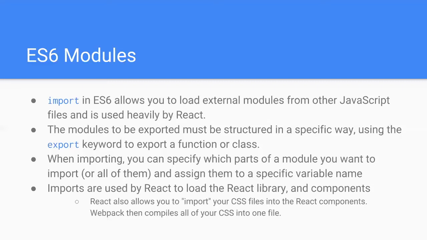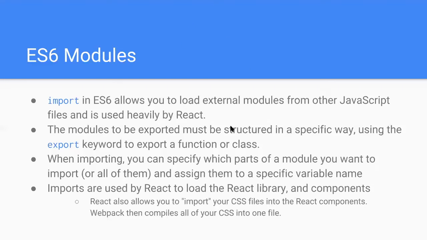We can really export anything, but we have to define it in a certain way. A few notes: when we're importing, we can specify what parts of a module we want to import, or we can import all parts of the module. And we can assign them to a specific variable name. And again, import is used by React to load the React library itself, as well as to load our components.